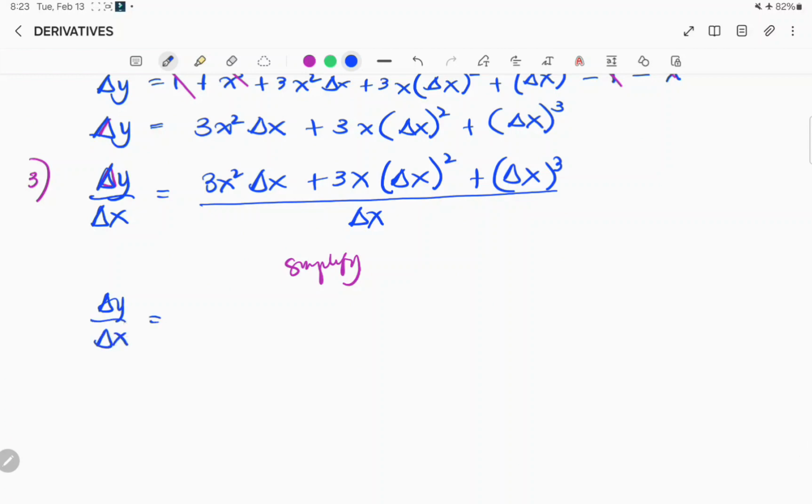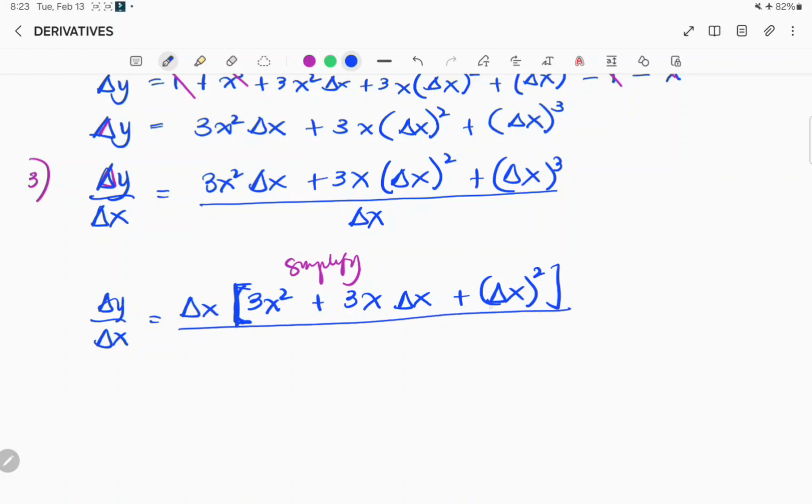We observe that the numerator has a common factor, and that is change of x. As we factor out this change of x, the remaining factor will be 3x squared plus 3x change of x plus change of x squared, over change of x.